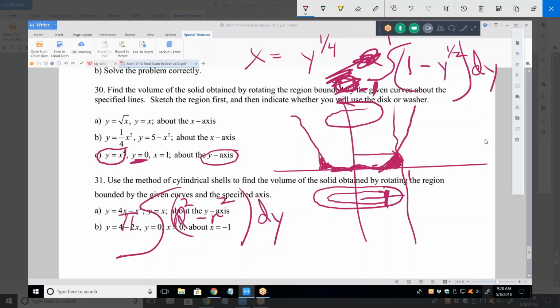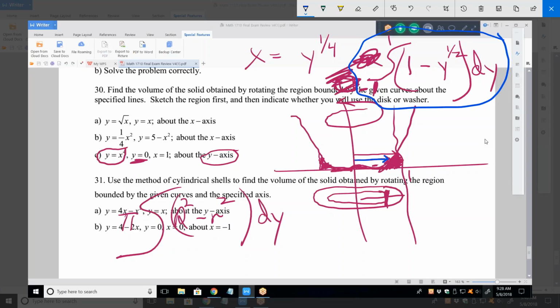In other words, this measurement is the inside radius, correct? Actually, let's put the inside radius in blue and the outside radius in red. So I believe I've drawn my picture correctly. And that's relatively straightforward to do also. Okay.